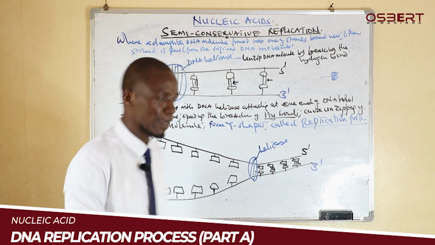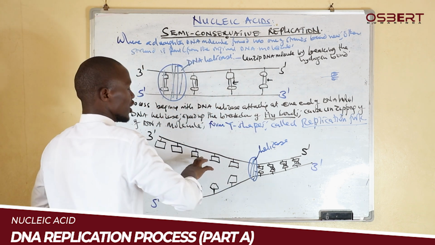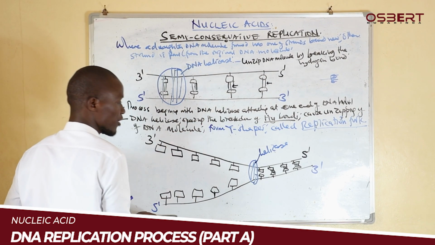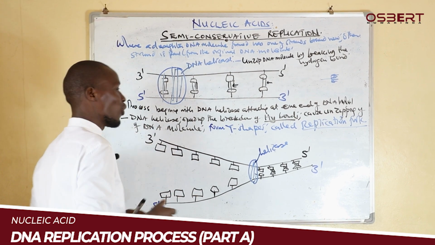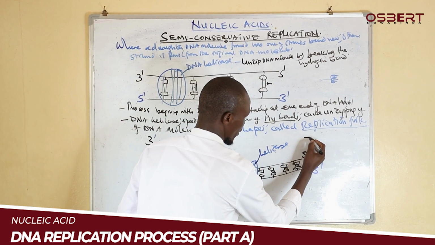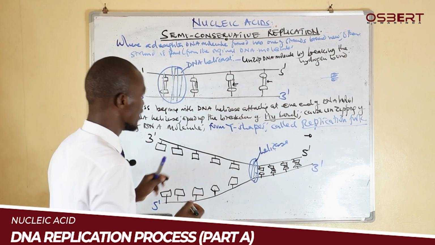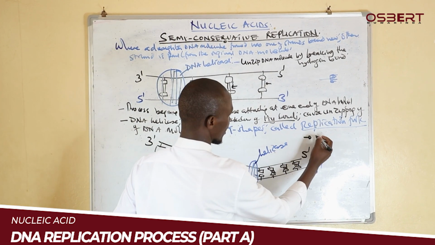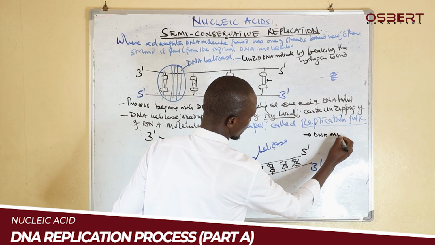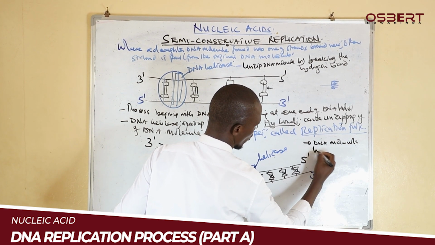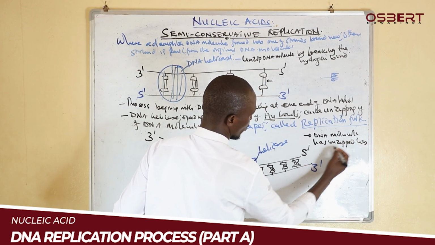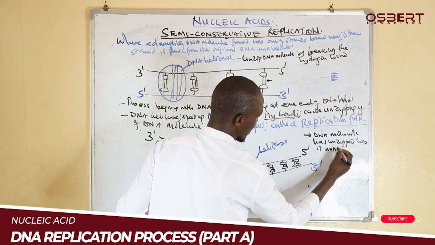Now, what are these strands here? For those of you who are noting, let me give you something to note down. We have said that the DNA molecule which has unzipped is antiparallel.